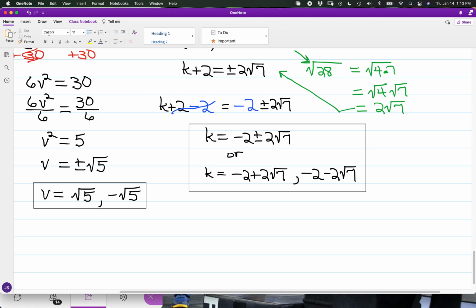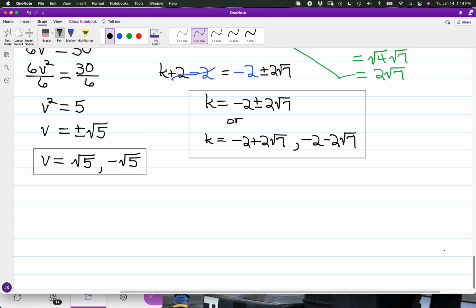All right. Now, in the case of what we have with the quadratic formula, again, you have it originating from the quadratic equation.